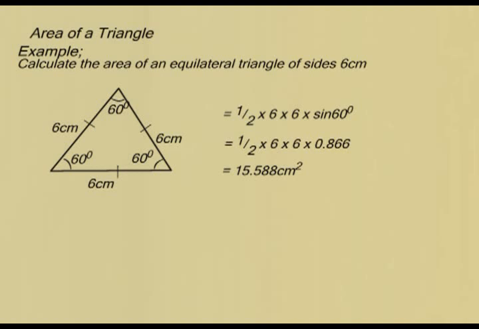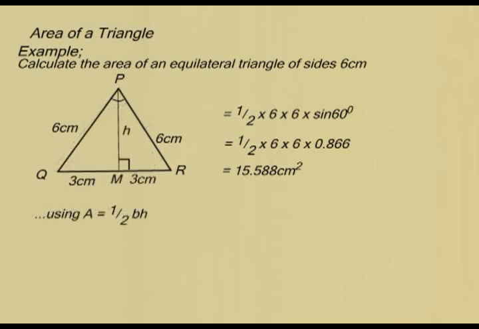Now we can prove that using our usual formula of a half base times height. Here is the triangle. We drop a perpendicular from P which will bisect QR. And so QM is equal to MR and is equal to 3 centimeters, right? We find PM using Pythagoras theorem.